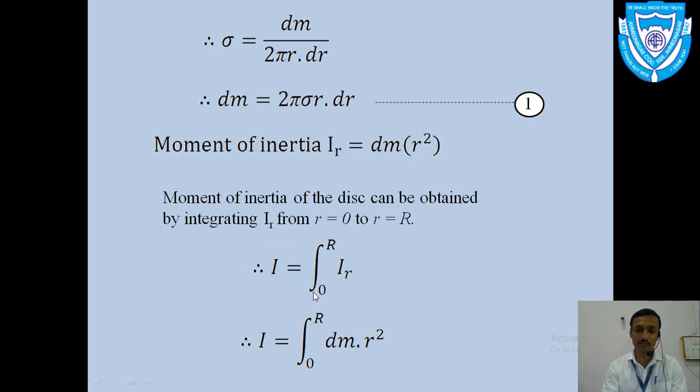So moment of inertia is equal to integration 0 to R of dI, here dm into r square. But dm is equal to what? 2 pi sigma r dr. We are going to put this equation number 1 in this integration.